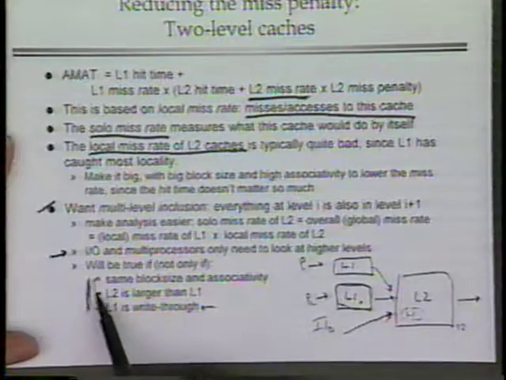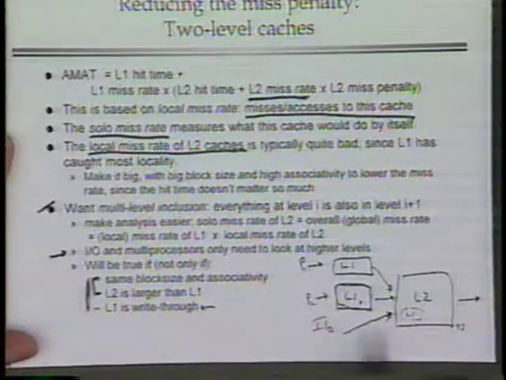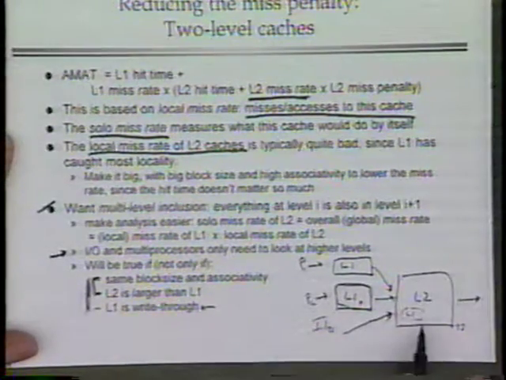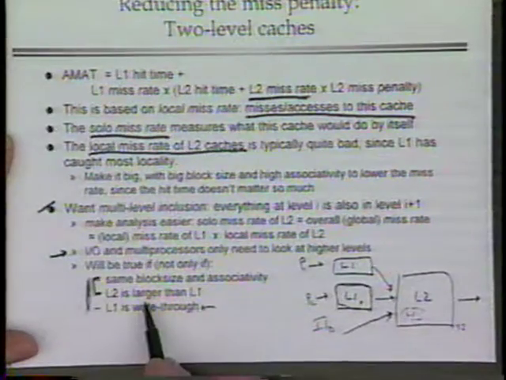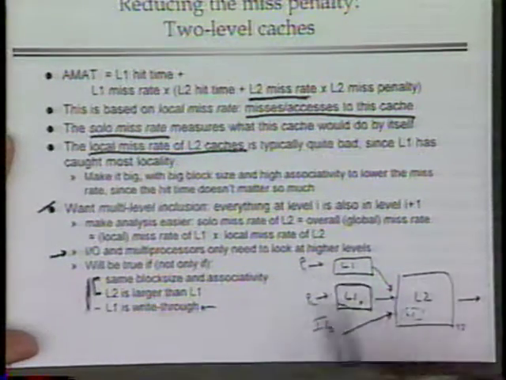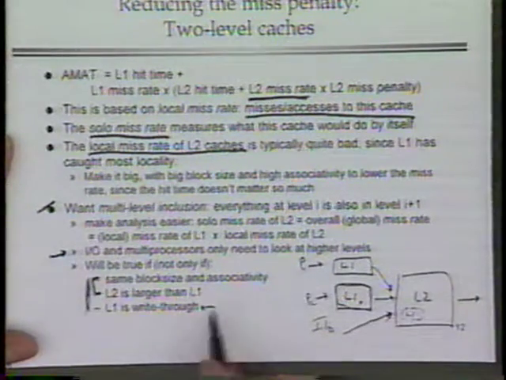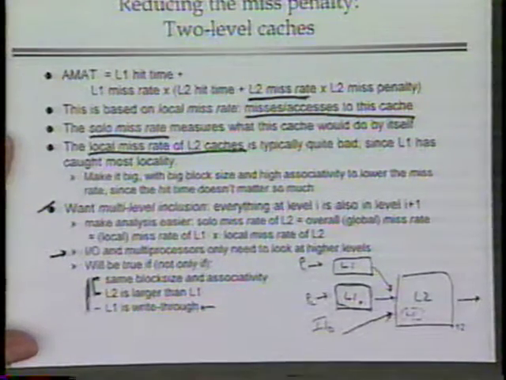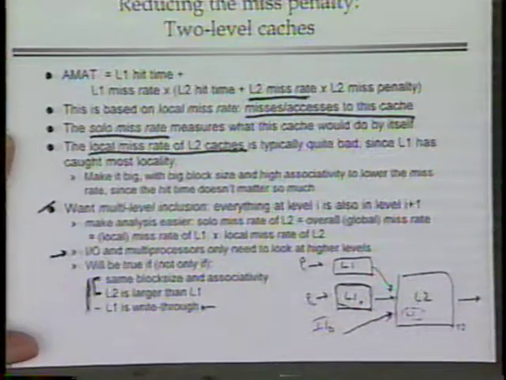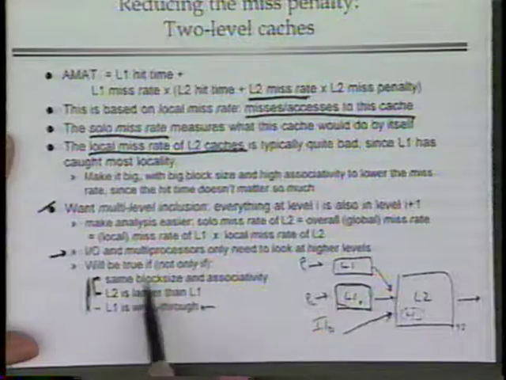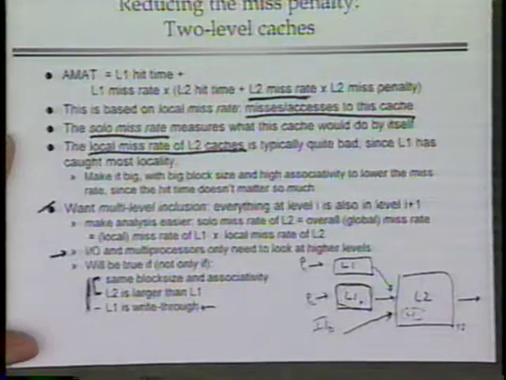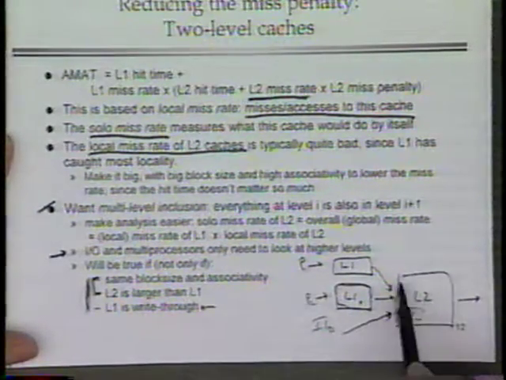Another set of properties that guarantees that this inclusion is true is that the second level cache is larger than the first level cache, and that both levels have the same block size and the same associativity. If you think about it for a while, it's pretty obvious that if that's true, the inclusion principle will be satisfied. These are more stringent requirements than necessary. Really, the issue is more complicated than that.